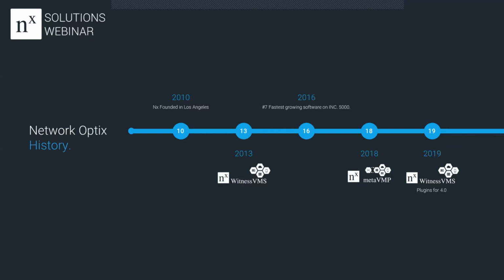So we think, since we do the VMS very well, we should just keep focusing on the VMS. We dug a hole inside our software. We call it Meta VMP, which is a platform for our technical partners to integrate their solutions into our software. And we try to make it easy.